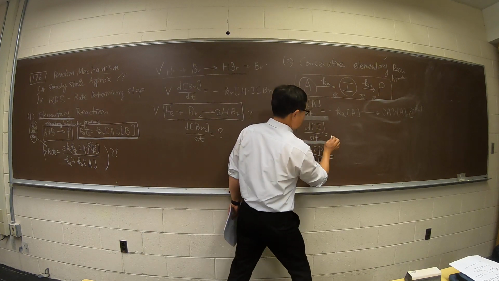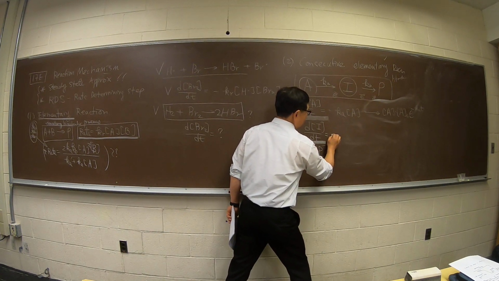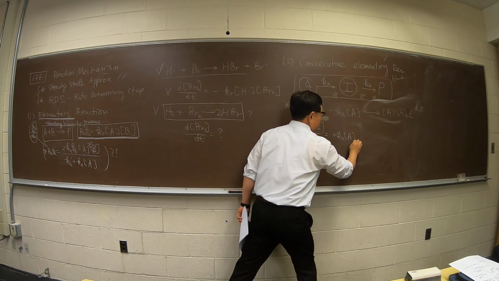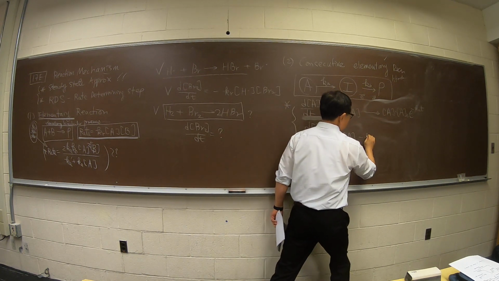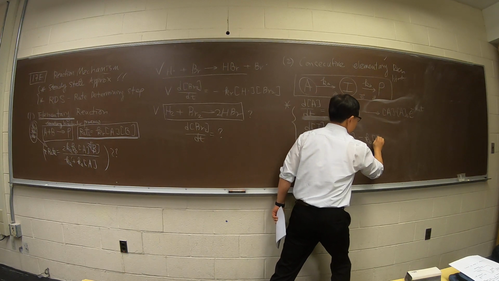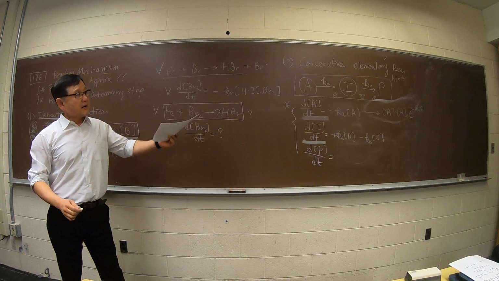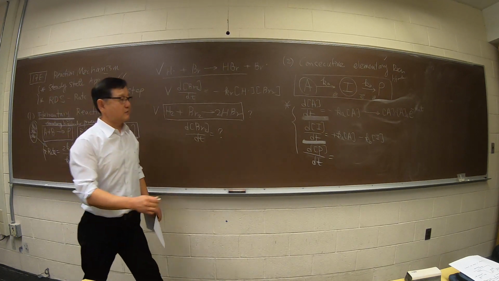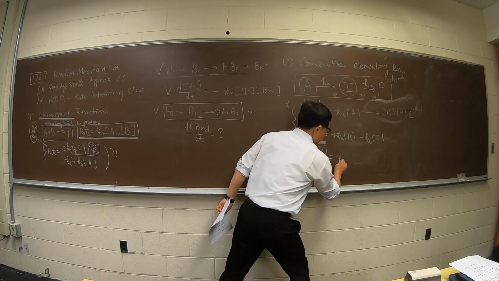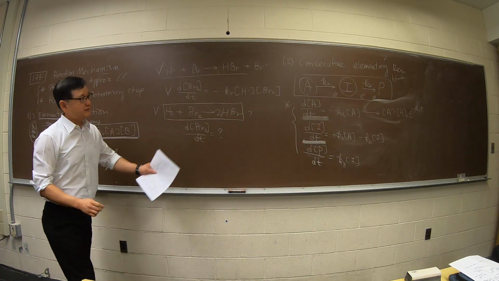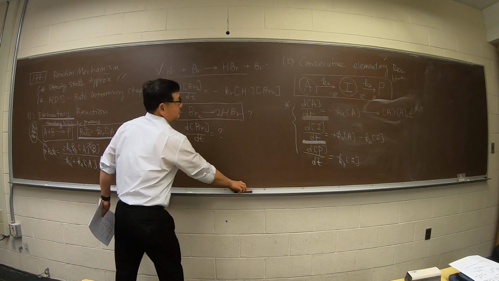What about this one? Once again, this is produced by A, at rate Ka times A, and lost by Kb. You guys can write this one down. This one is not complicated and it's very conceptually important. And then this is a Kb. Okay, so that one is not so bad.